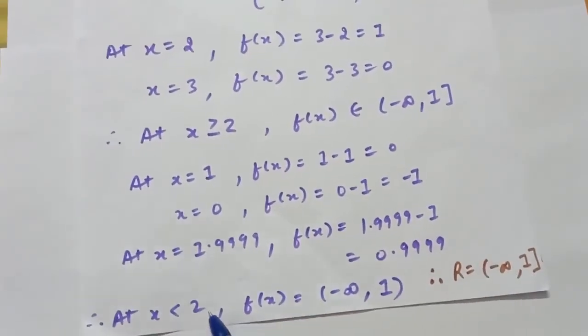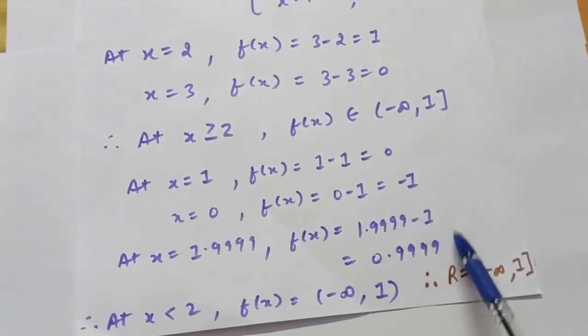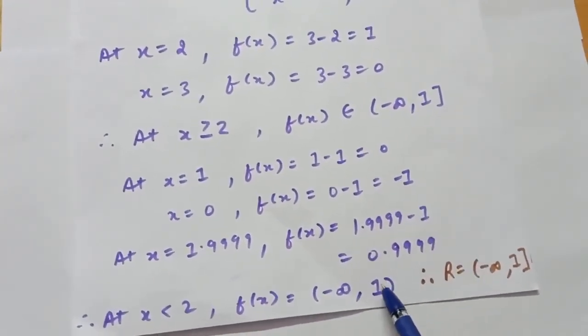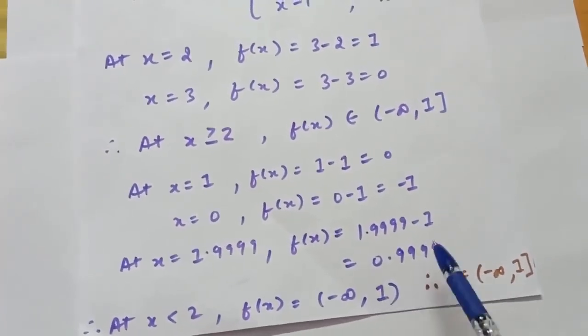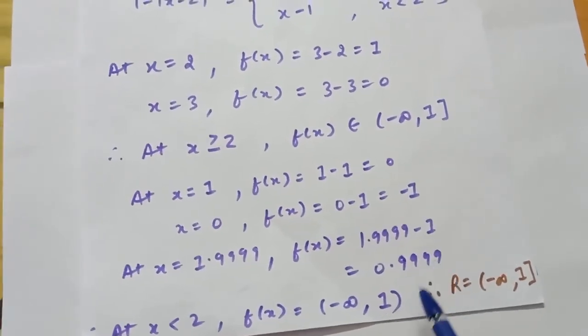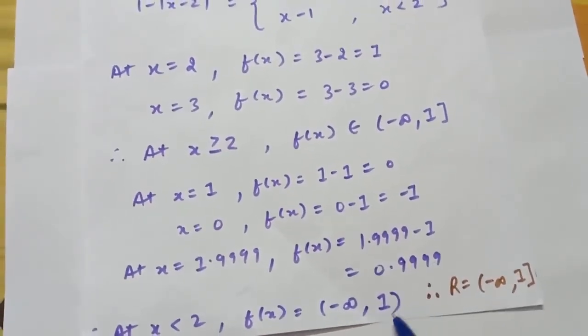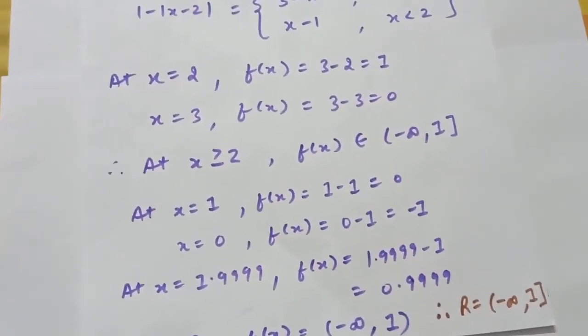Therefore at x less than 2, the value of f(x) goes up to 1 but not equal to 1, very very close to 1, right, but not equal to 1. Therefore you will draw an open bracket, right?